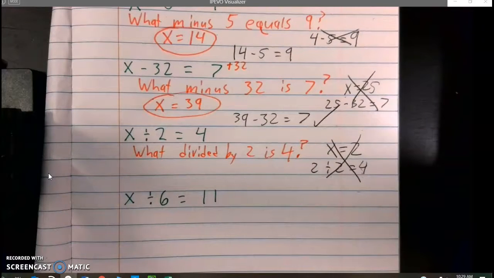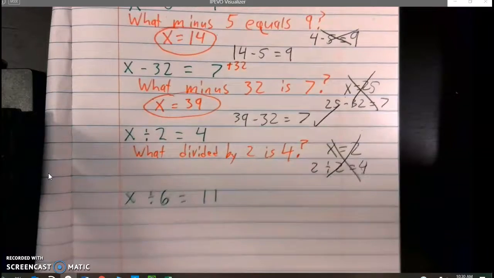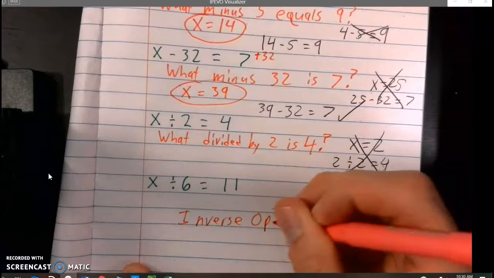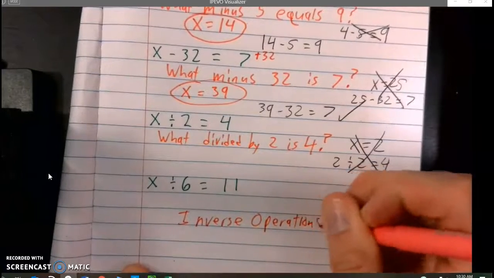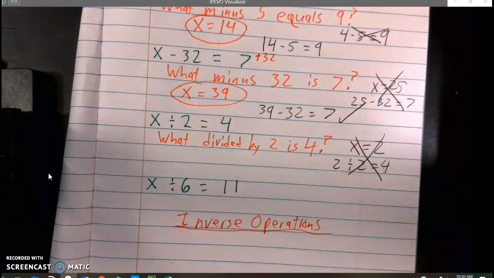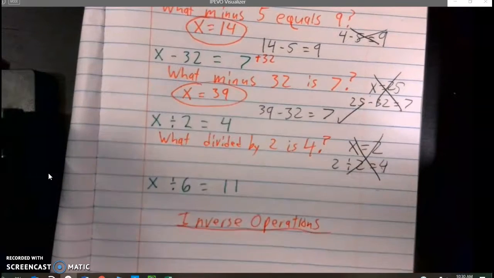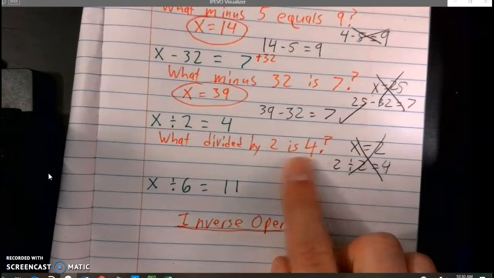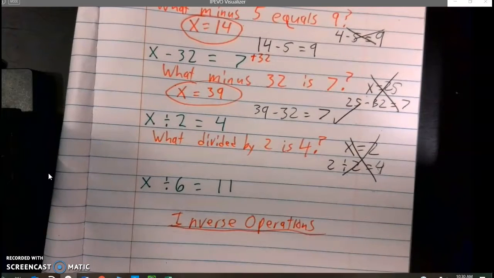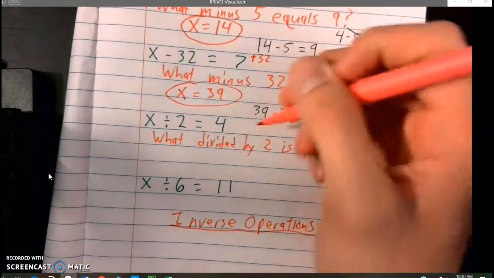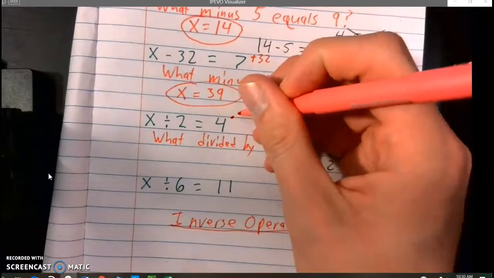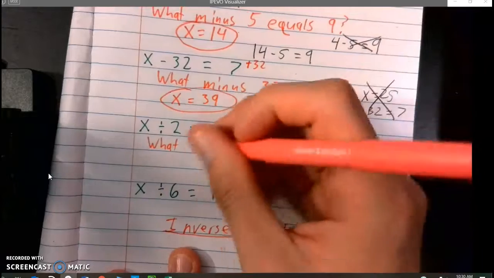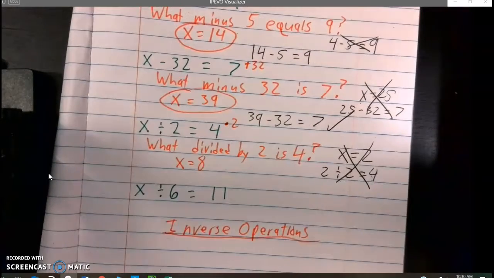So once again, as always, inverse operations. I'll write that word down here so you see it: inverse operations, super key, the opposite operation. If this is what divided by 2 is 4, we do the inverse of division to find that answer, and we multiply by 2. 4 times 2 is 8.